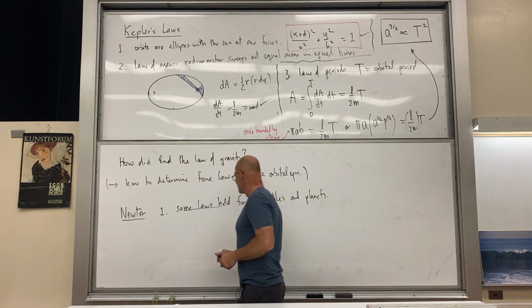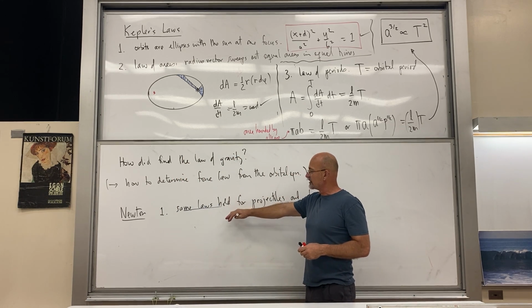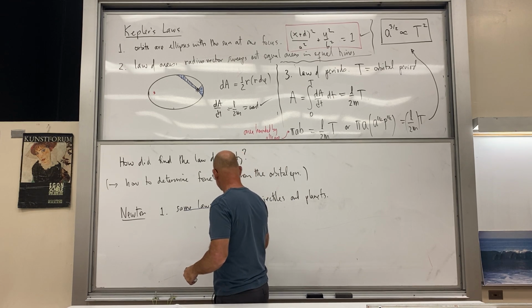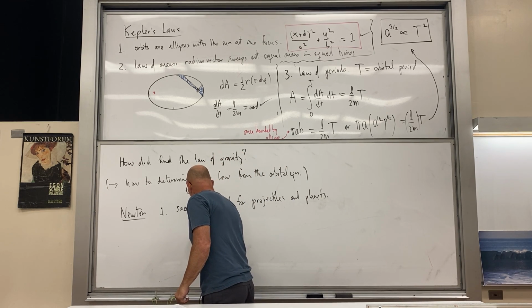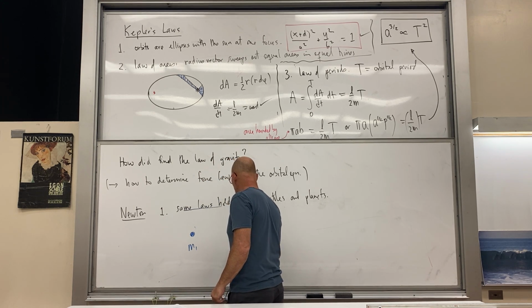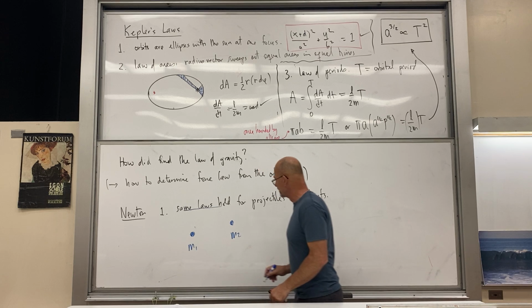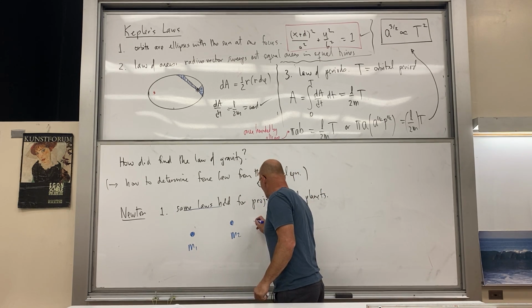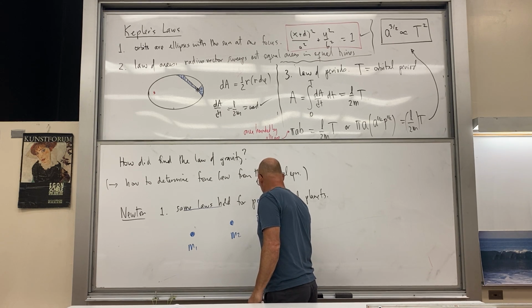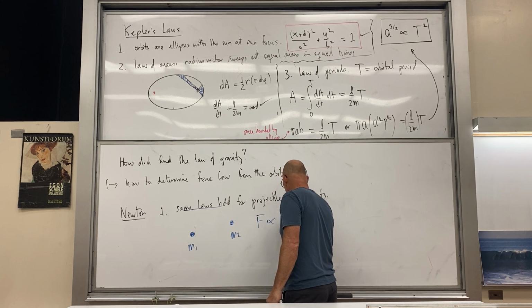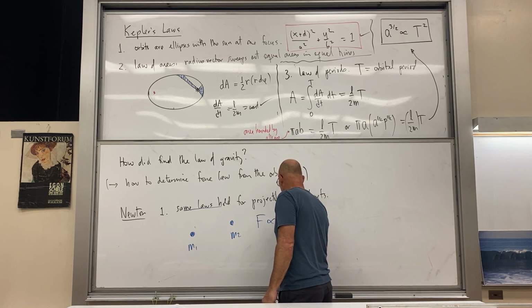Okay. But Newton's laws of motion, say for projectiles, are understood. And so here's what we do. We imagine M1 and M2 as two bodies, and we say that the force has to be proportional to, say, M2.